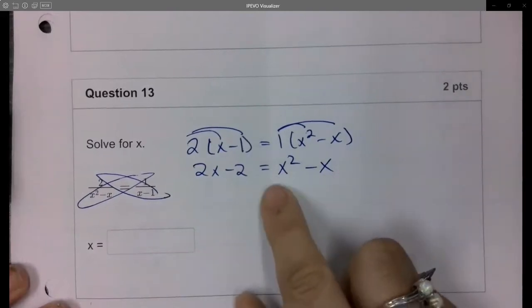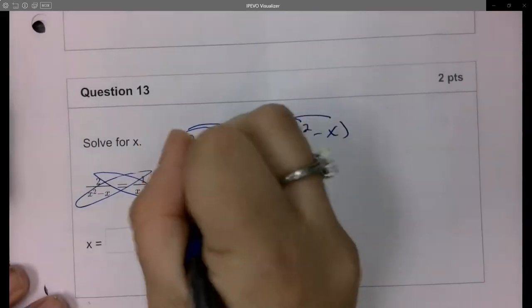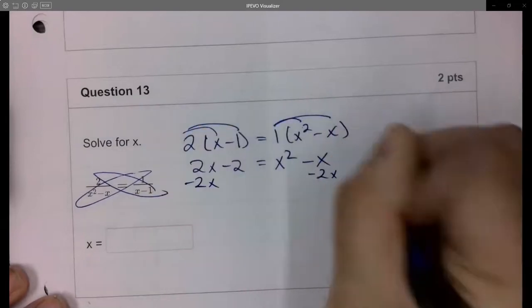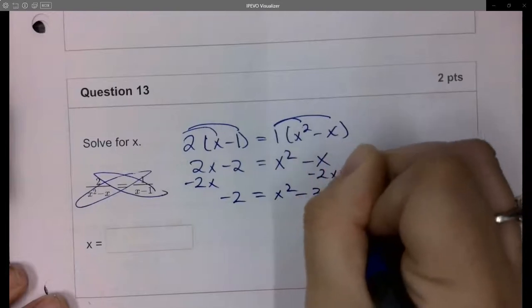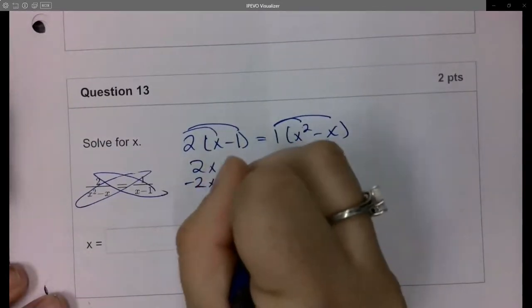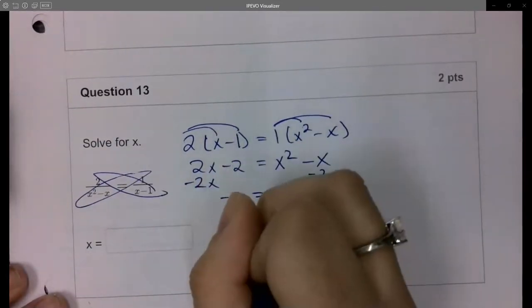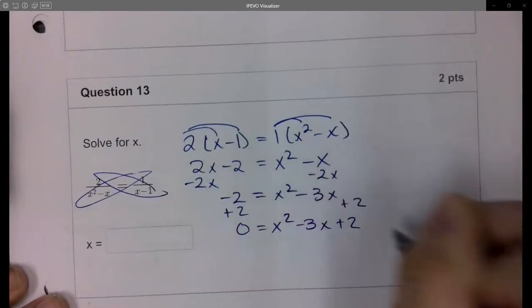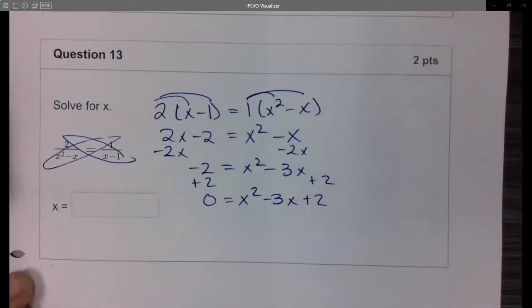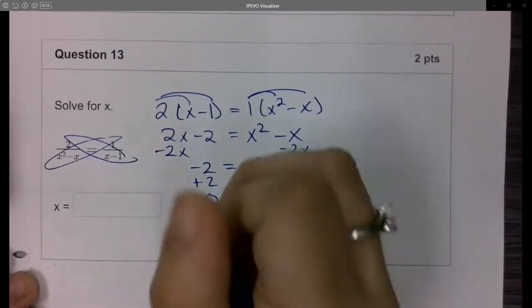Then since this is a quadratic, I want all of my terms on the same side. So I'm going to start off by subtracting 2x on both sides. Gets me negative 2 equals x squared minus 3x. And then I would want to add 2 to both sides. Which gets me 0 equals x squared minus 3x plus 2. So I'm looking for what multiplies to positive 2 and adds up to negative 3.